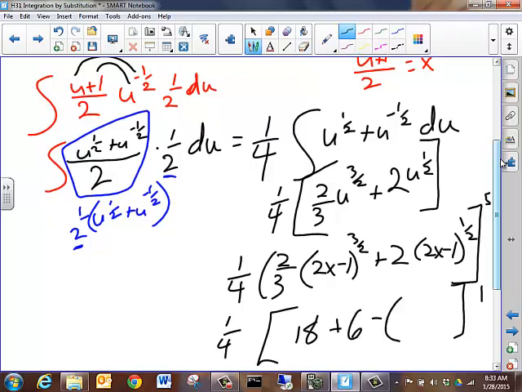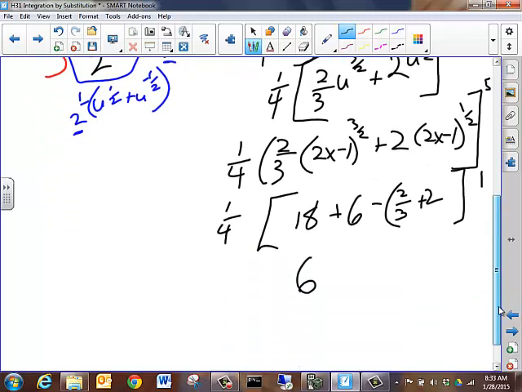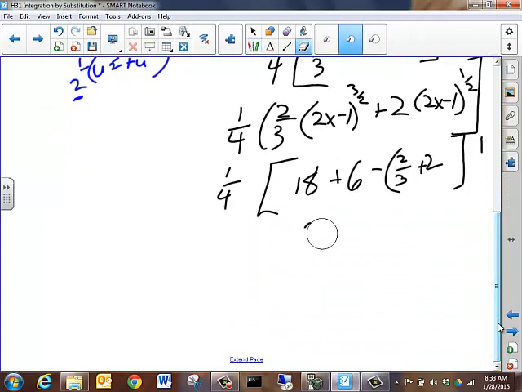2 times 1 is 2, and 2 minus 1 is 1, and all of that's going to be 1 times 2/3 is 2/3. That's going to be 1 times 2 is 2, so I've got 2/3 plus 2. Sure was a lot easier when I did it my way. All right, so we've got 18 plus 6 minus 2/3 minus 2.